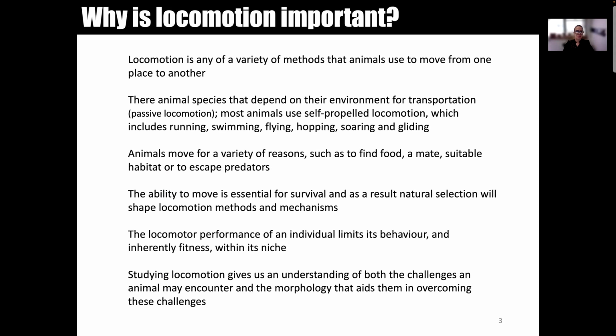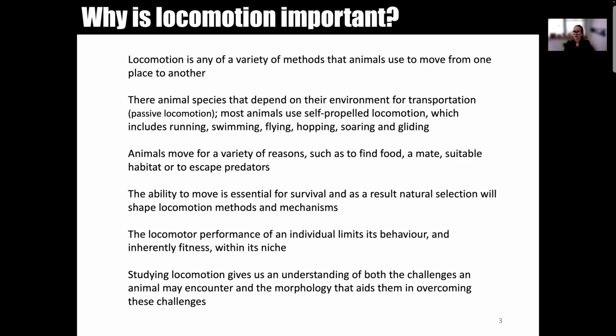So why is locomotion important? By definition, locomotion is any of a variety of methods that animals will use to move from one place to another. There are animals that depend on their environment for transportation, so this is referred to as passive locomotion.